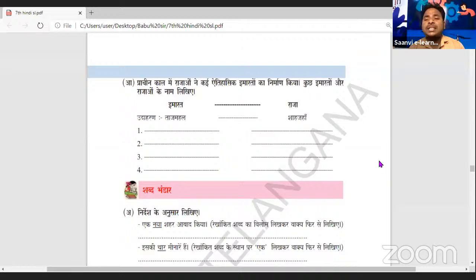I want to see now, please change your camera option. Selfie camera.